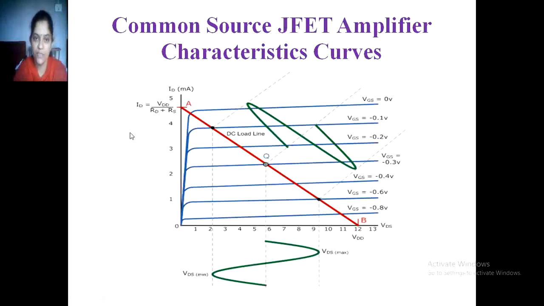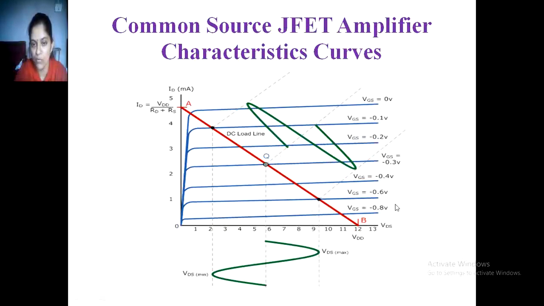See here, this is the load line, the input output characteristics of the JFET that we have plotted here. This is ID versus VDS. Along here is the ohmic region, and we are making VGS more negative.